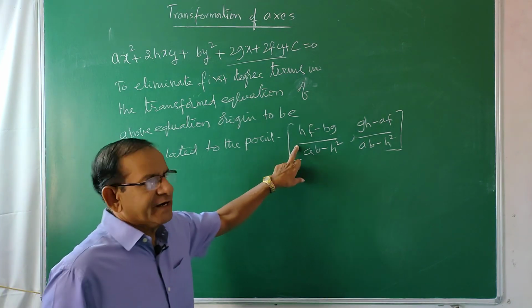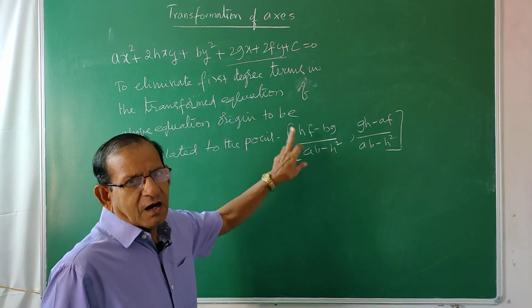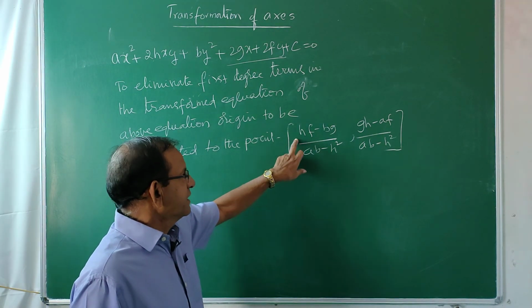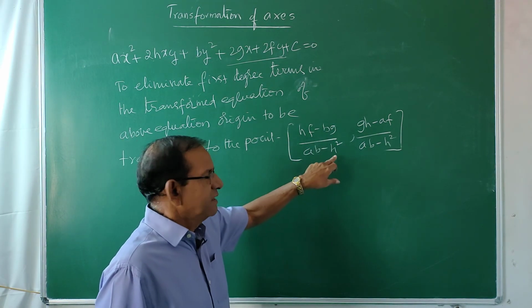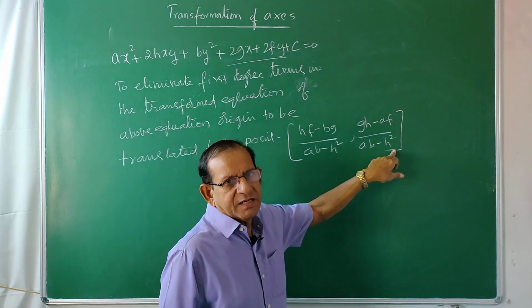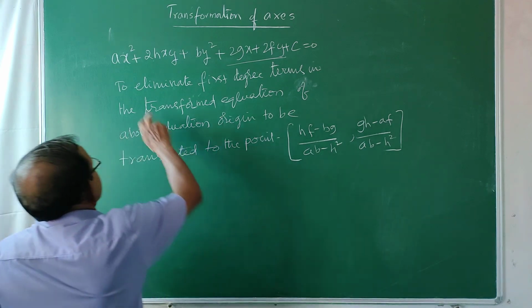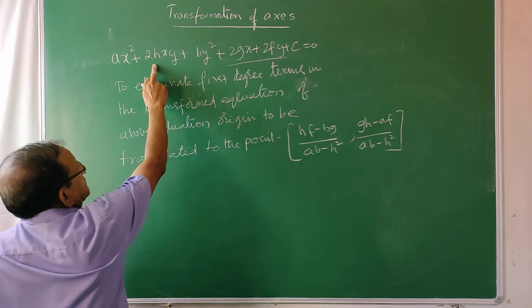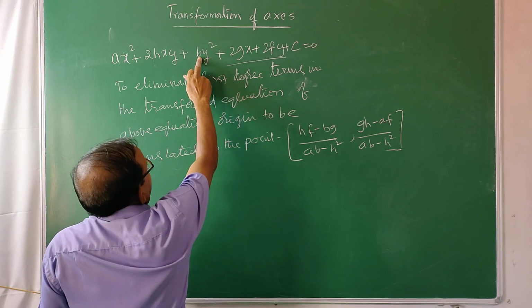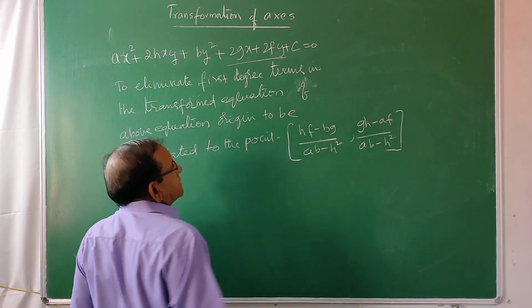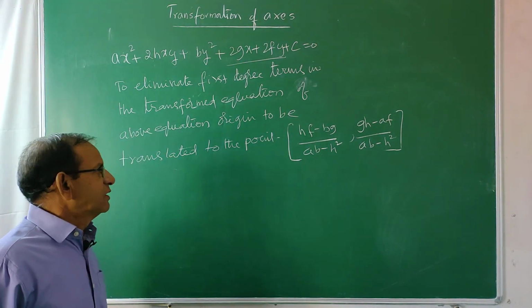The point is (hf minus bg by ab minus h square, gh minus af by ab minus h square), where a is the coefficient of x square, h is half of the coefficient of xy, b is the coefficient of y square, g is half of the coefficient of x, f is half of the coefficient of y, and c is the constant.